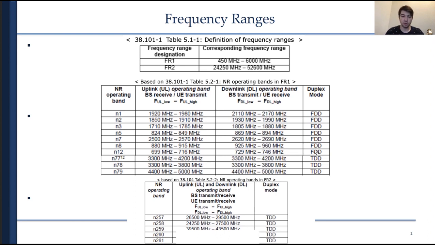But for the higher frequency range, almost always you will see that TDD is being used. The reason for that is because for high frequencies, we have very strong signal attenuation. Therefore, we rely on technologies called massive MIMO and beamforming. And it turns out that in industry, those technologies are easier to produce with the TDD duplex mode.